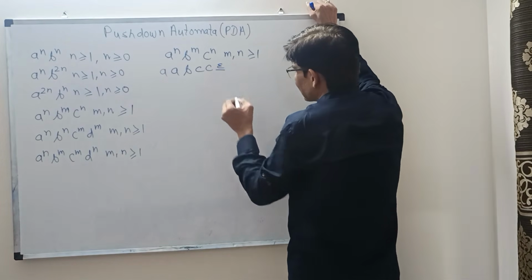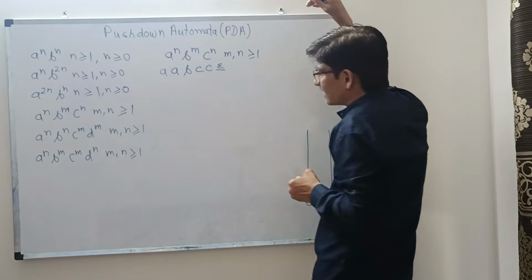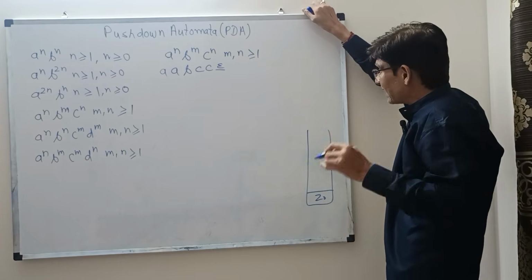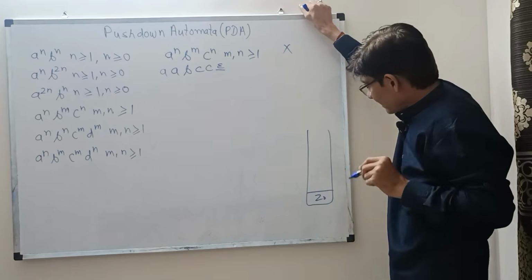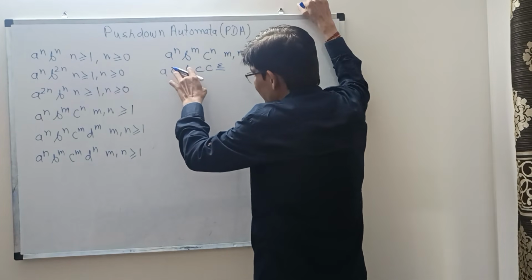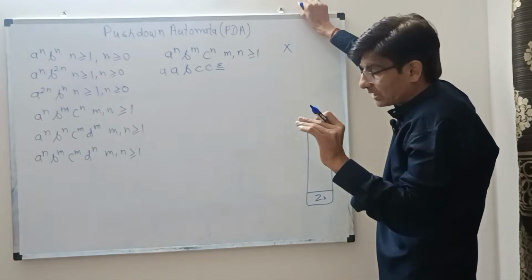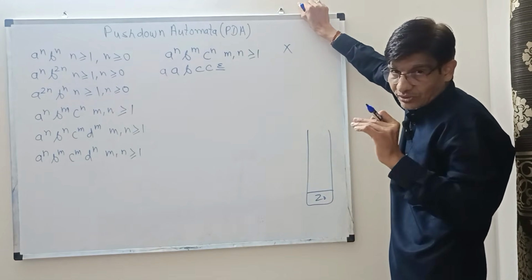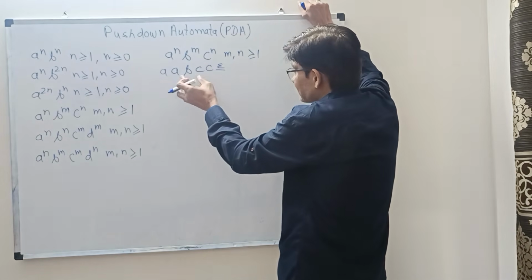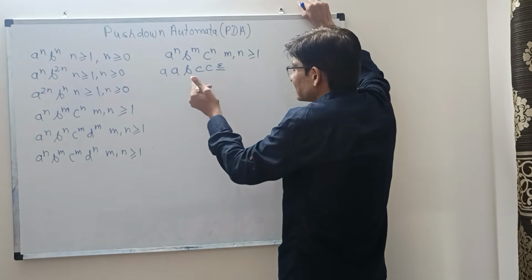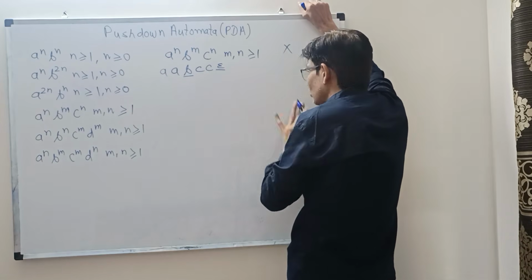So I'm telling you the first idea: for each A we read, we will push one element into the stack, which we consider as X. For each B we read, we will not perform any operation on the stack. So X will remain in the same state for all the B's. We will only read the B and do nothing on the stack.